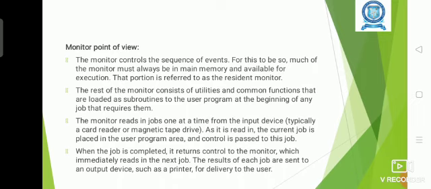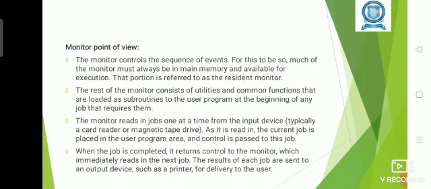This portion of main memory in which the monitor is stored is called the resident monitor. The monitor also consists of some utilities. Utilities mean system programs and common functions that will be loaded.